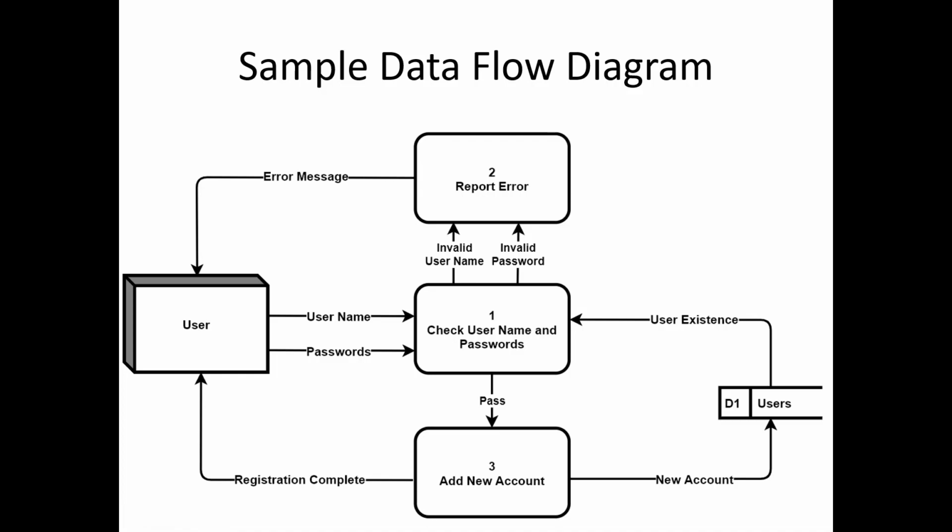This is a typical data flow diagram. This diagram shows the process in which a customer creates her user account. As you can see here, this system consists of 3 different processes.